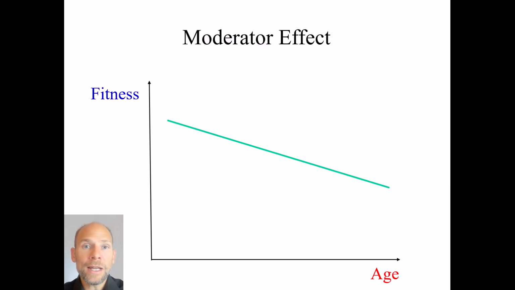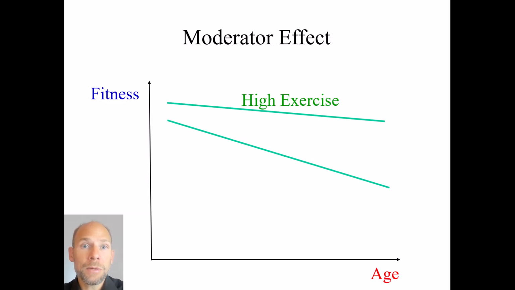Now, when you look at this a little bit more closely for different levels of exercise, for example, in people who exercise more or exercise several hours during the week, let's say, the relationship may look like this, where as age increases, fitness does not decline as much as it does overall.